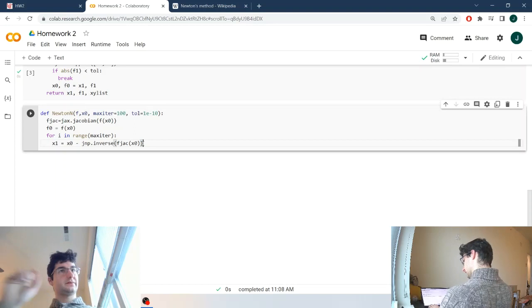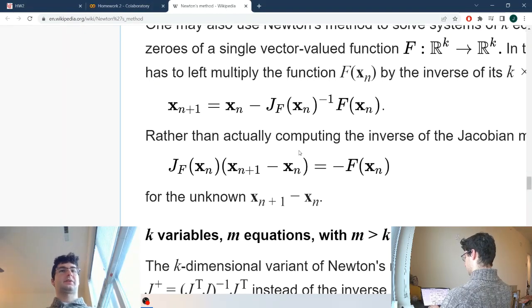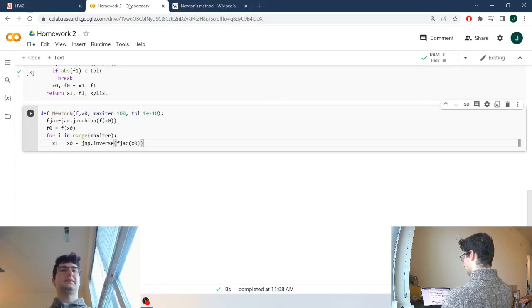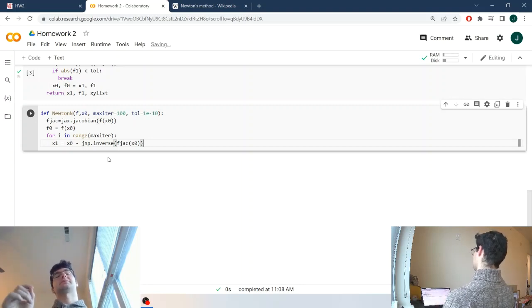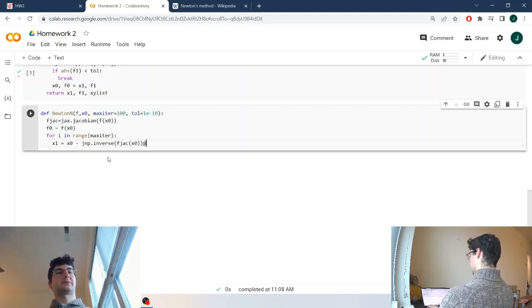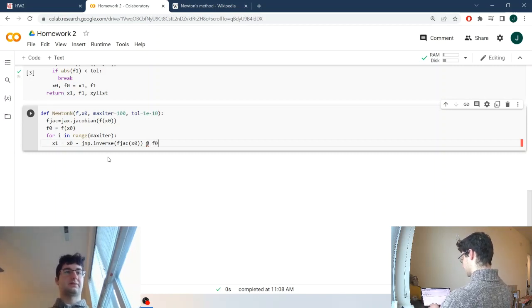Once we have the inverse of the Jacobian, we're going to multiply it by f0. But since they're both matrices, we can't just do a simple multiplication. We'll have to do a matrix multiplication, which in Python you do with the at symbol. So we have times f0.